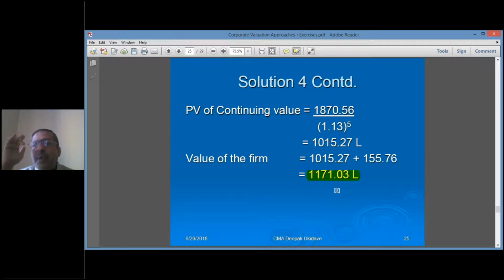So 1870.56 upon 1.13 to the power 5. So you get 1015.27 plus 155.76. Please confirm that these calculations are correct. I'm waiting for your confirmation.